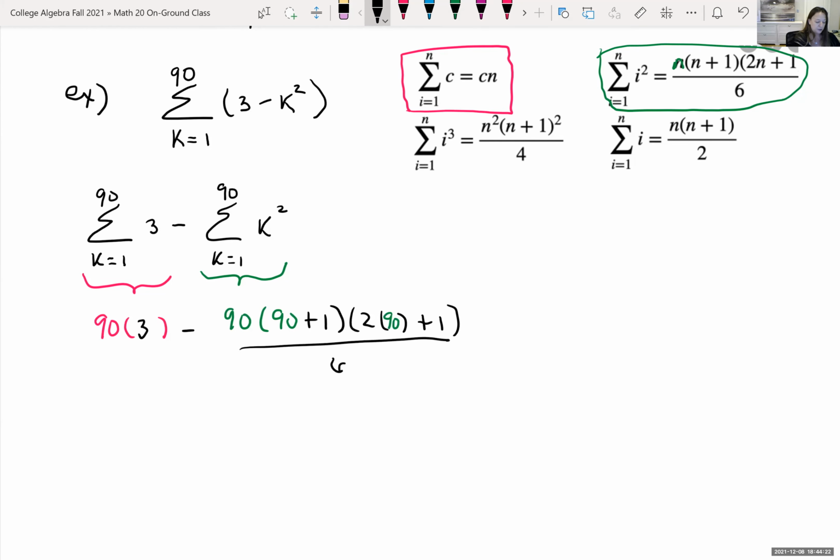So 90 times 3 is 270, minus. So here we have 90, let's maybe simplify a little bit before I move that over there. 90 times 91, all times 2 times 90 is 180, 180 plus 1 is 181, all over 6.